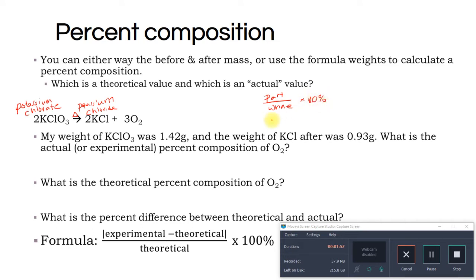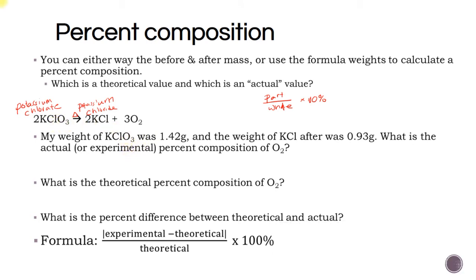So percent composition is just the part of interest divided by the whole. The whole in this one is our starting material, the KClO3. For example, if we want to know the percent composition of oxygen, oxygen is one of our products.